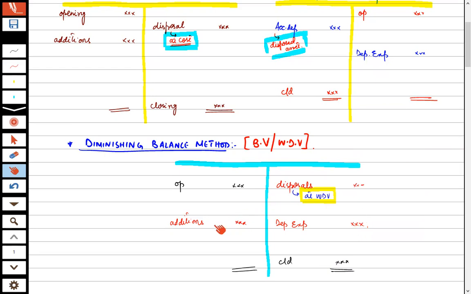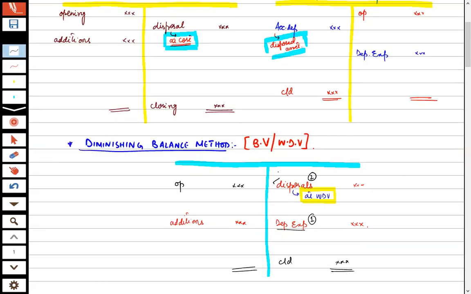And if the difference is here, it will always be the addition. Let's suppose we haven't been given the disposal and the difference is here. Then the first difference would be treated as depreciation expense and then disposal. If depreciation expense is not given and the difference arises on the credit side, it would be treated as depreciation expense first. And if depreciation expense is given and the difference is on the credit side, then it would be treated as disposal. Clear this thing?